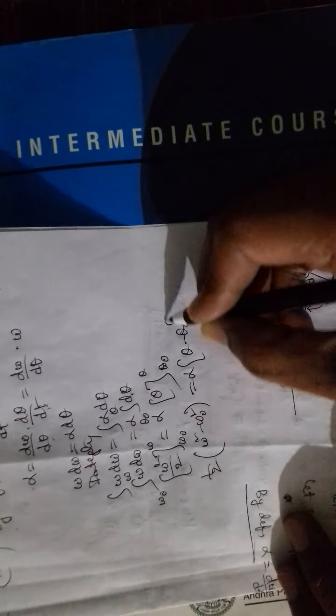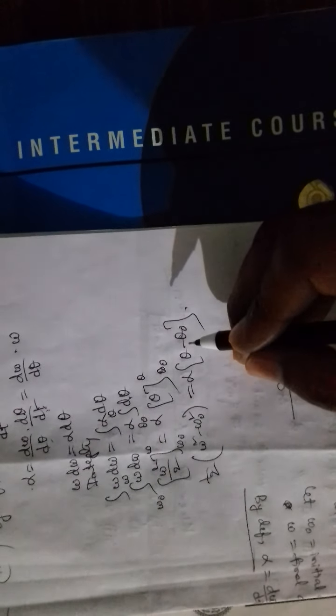So here 1 by 2. So omega square minus omega naught square is equal to alpha into theta minus theta naught, or omega square minus omega naught square is equal to 2 alpha, theta minus theta naught, which means angular displacement.